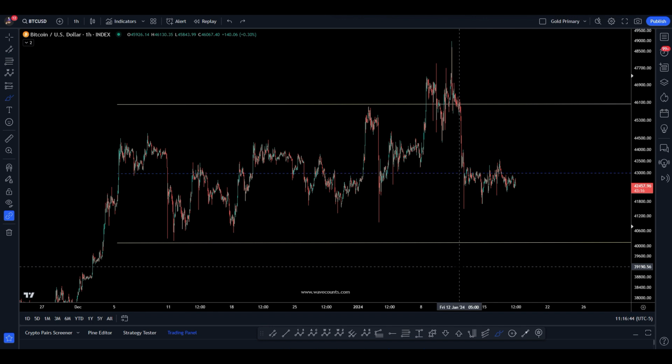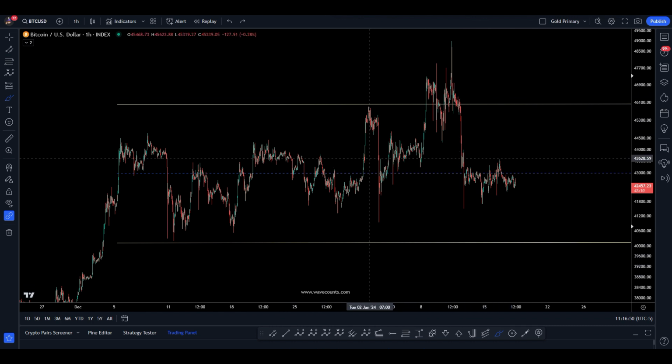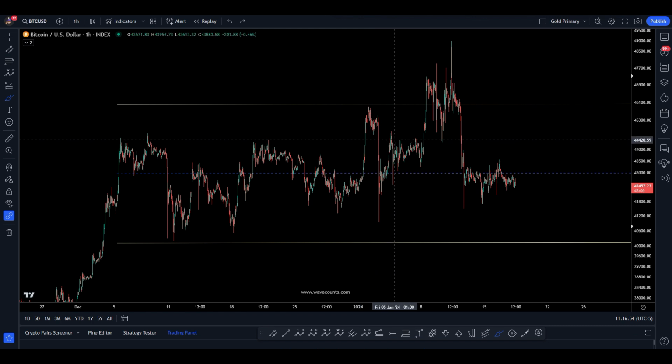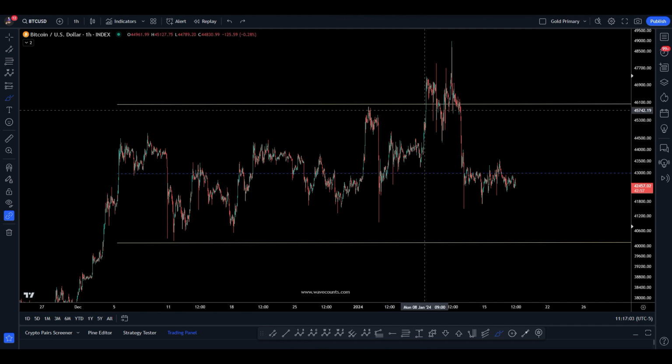Biggest news for Bitcoin people have been talking about for, I don't know, years, is this Bitcoin ETF, right? It's here. The day is here. It's 3, 4 years in the making, whatever it is. The day hath arrived. And it hasn't gone anywhere. It's just in the range still. Why? Because Bitcoin doesn't care about the news.